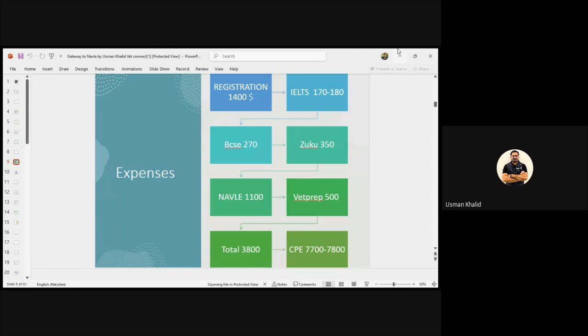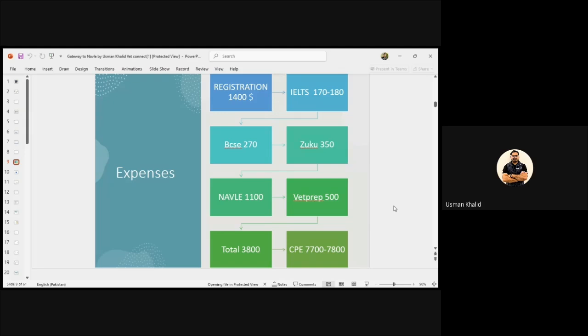I'm talking about WhitePrep, because you need about $500 for Zuku and WhitePrep both. So it will be a total of around $3,800, I will say $4,000 is fine. What I spent may be a little bit more than this.